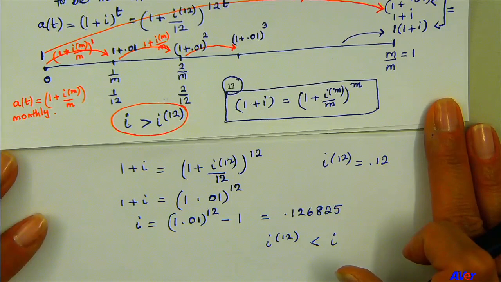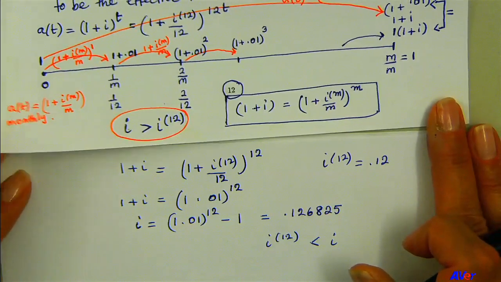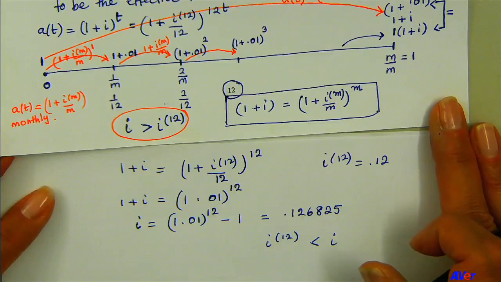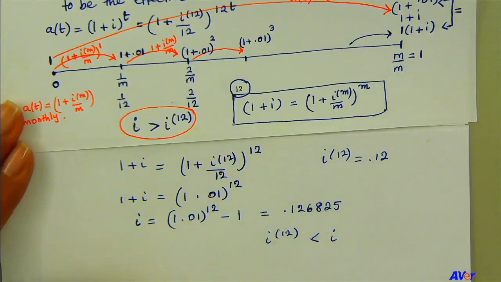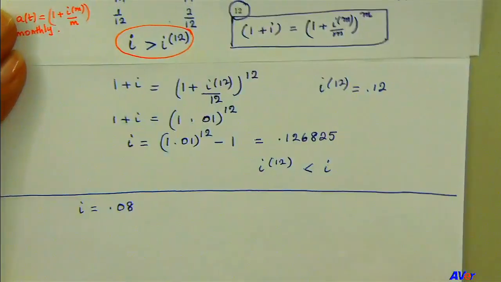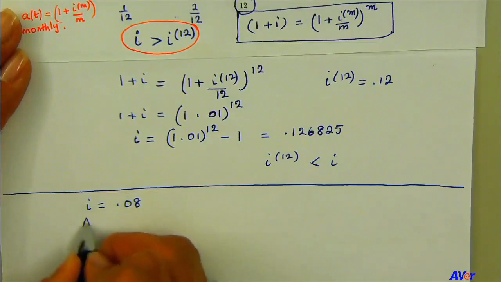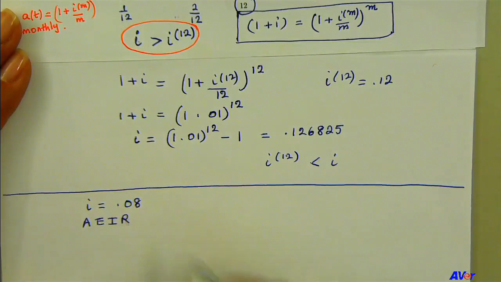So the next thing I want to do is convert 8% a year to a nominal rate convertible quarterly. Can you do it? I'm making this up. It's not in your notes, okay? How about i equals 0.08 is given. This is the annual effective interest rate.